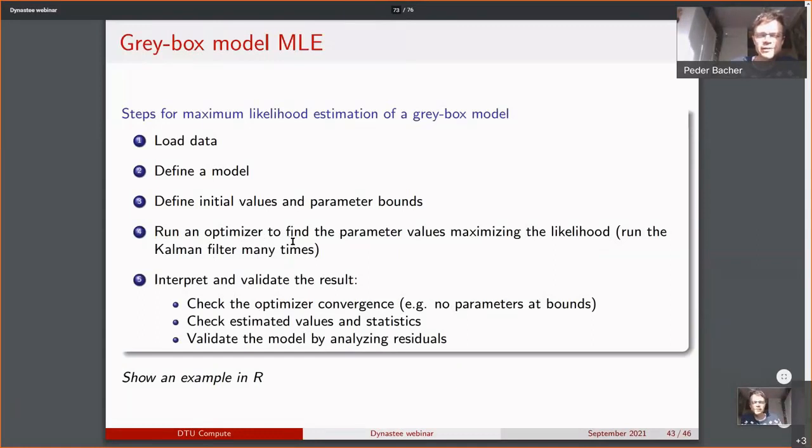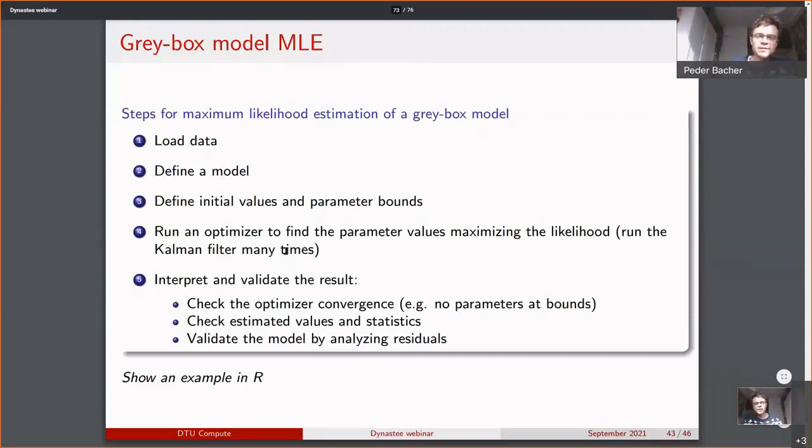So we set initial parameter values, run the Kalman filter, get the likelihood, and then use an optimizer to change the values of the parameters, and find the parameters which maximize the likelihood function or minimize the negative log likelihood function.